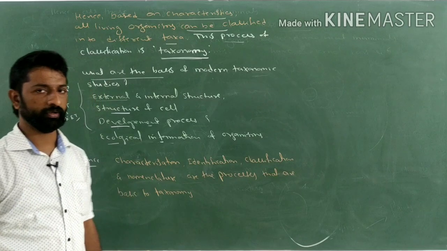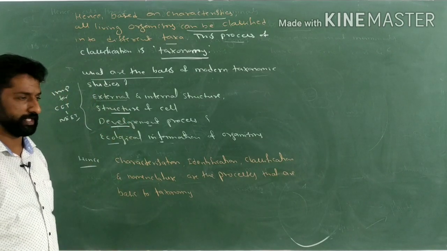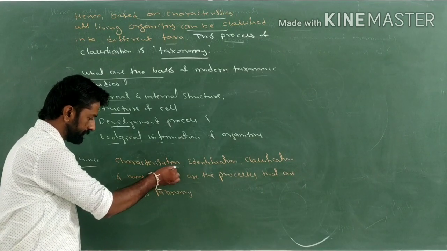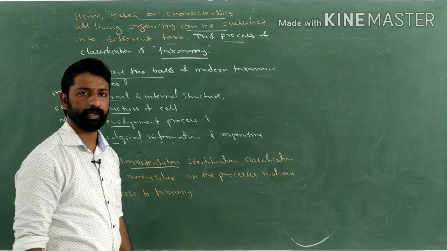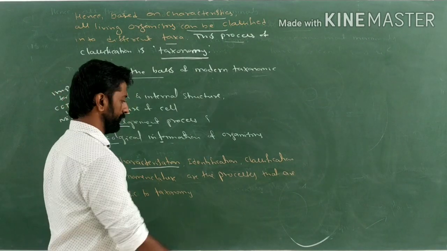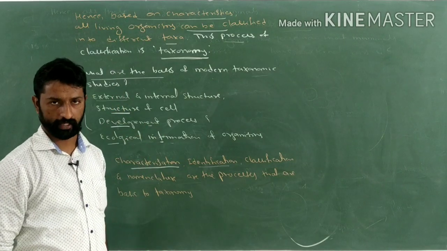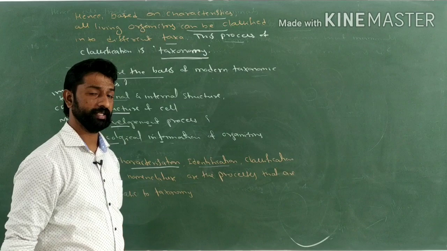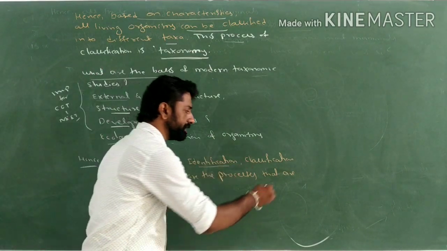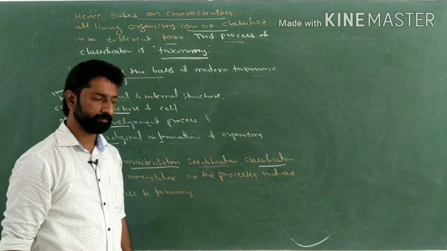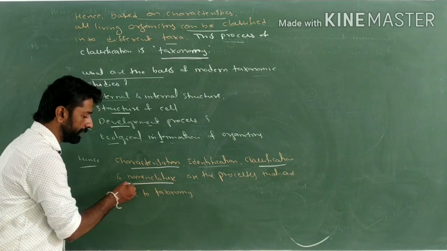Similarly, one more very important aspect for the NEET and CET examinations from this classification: the processes of characterization, which means looking out for the various characters of the particular organism; then identification based on the characteristics; then classification of the organism into convenient taxa; and nomenclature.